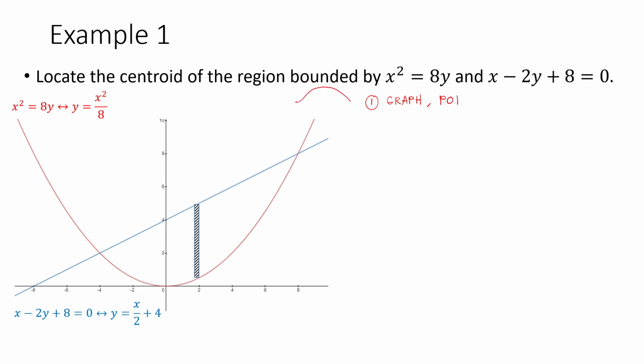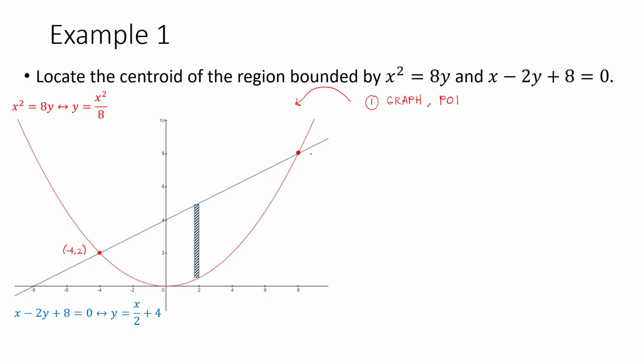So this is the graph. Again, in your case, you have to provide a solution. And then next, you have to provide solution in determining the points of intersection as well. In this case, the points of intersection are -4 and 2.